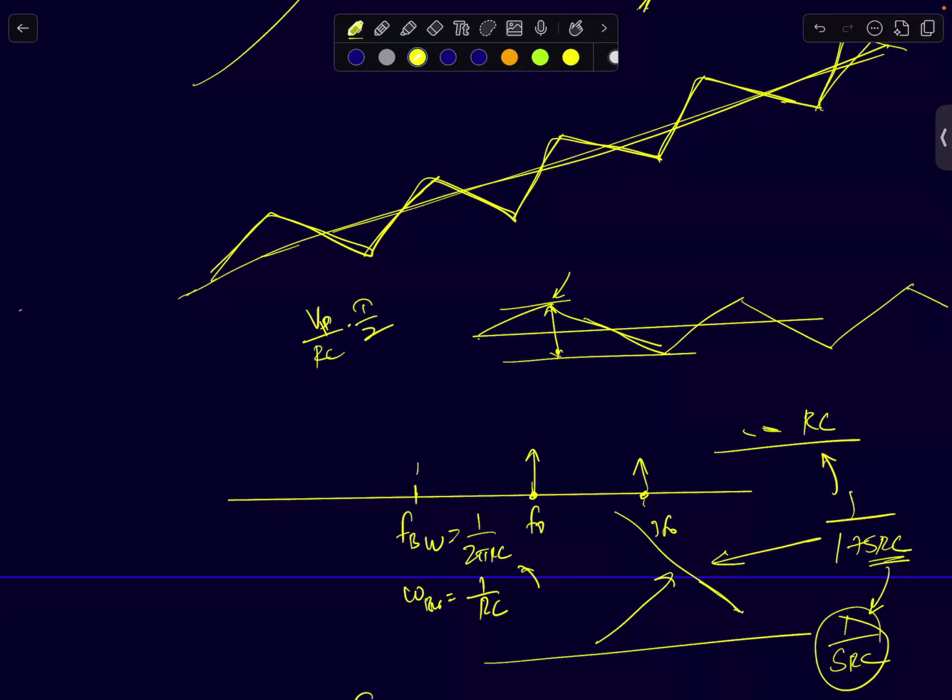So you'll have a DC level of Vp by 2, and on top of it you'll have a ramp going back and forth. This ramp is because of the high frequency component. If you measure its peak to peak, it will be much smaller than V peak by 2, because it never gets to fully charge in a single cycle.